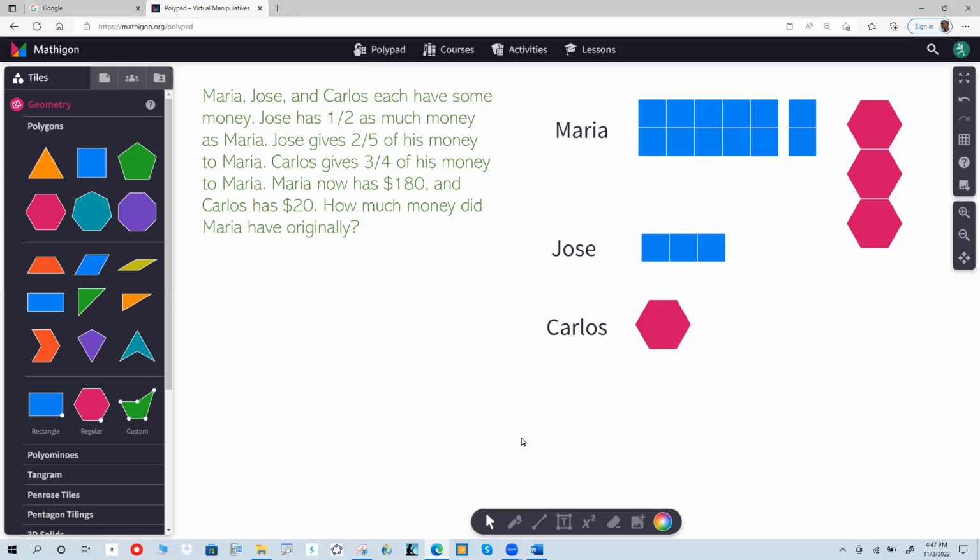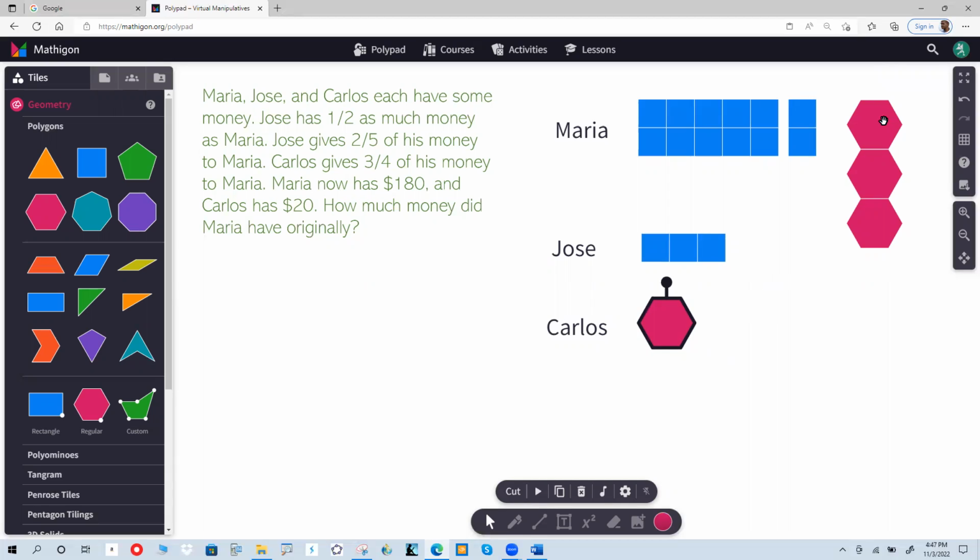What does the question say? The question says Maria has 180. Well, we can't do a whole lot with it, but it says Carlos has 20. That tells me this hexagon must be $20. After giving Maria 3/4 of his money, Carlos was left with $20. So each hexagon is worth 20.